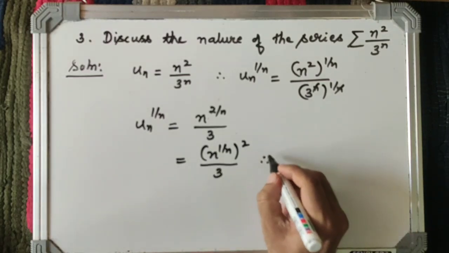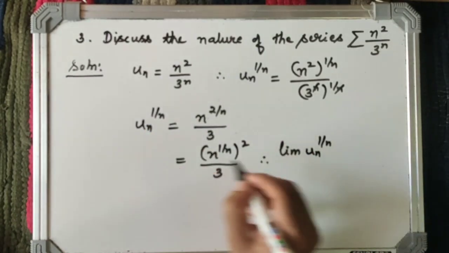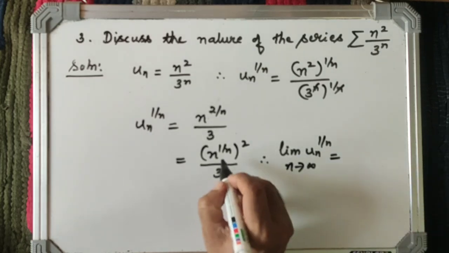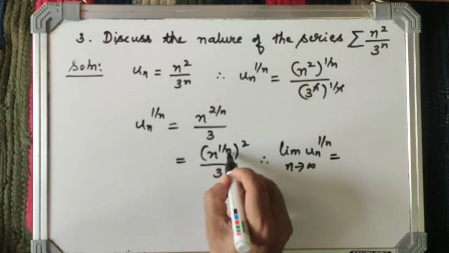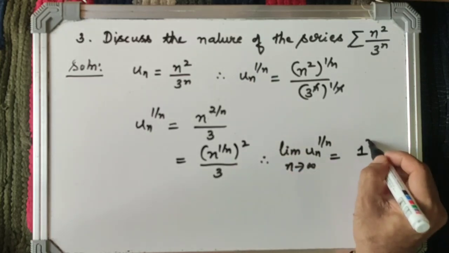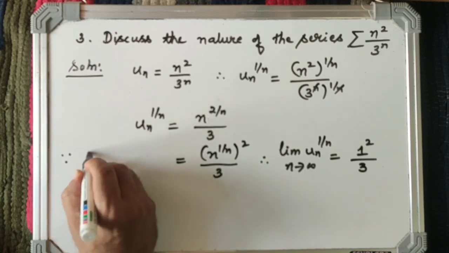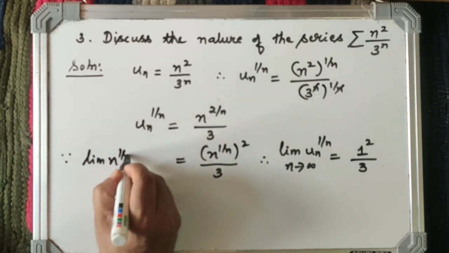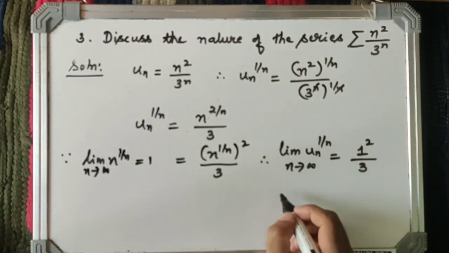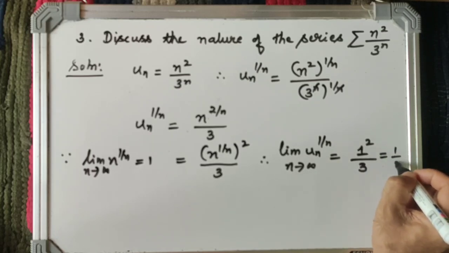Therefore if you apply the limit of un power 1 by n as n converges to infinity, we know that the limit of n power 1 by n as n converges to infinity is 1. So 1 whole square divided by 3. 1 square is 1, so we got 1 divided by 3.